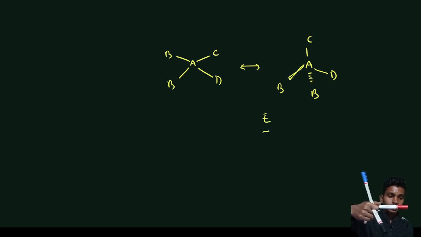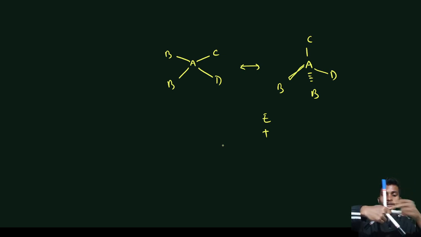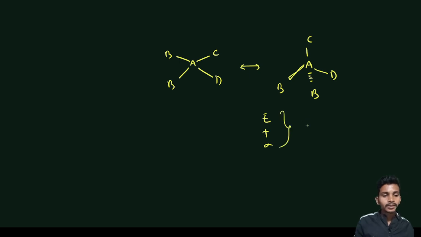Then we have sigma. If I cut through this and this, then the plane is passing through this and this, and this and this get reflected. So sigma is present. So this point group lies in the Cs point groups.